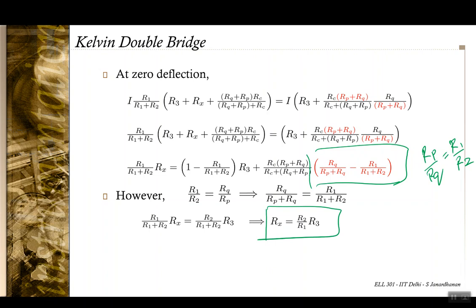The only point is that we have to use 4-terminal resistors for R3 and Rx, and in addition we also need to find Rp and Rq such that their ratio is the same as R1 and R2.